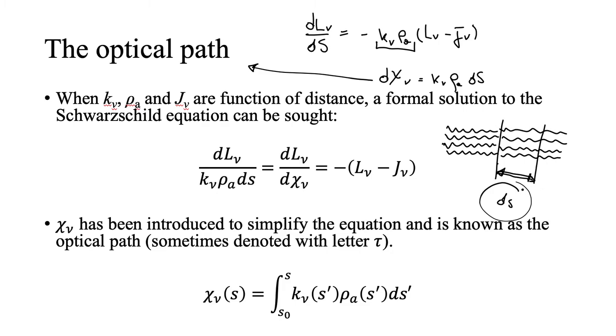What is the distance traveled by these photons within this material? Well, physically it is ds, but in a way it's kind of 0, right?